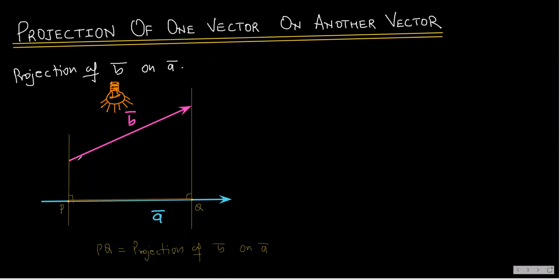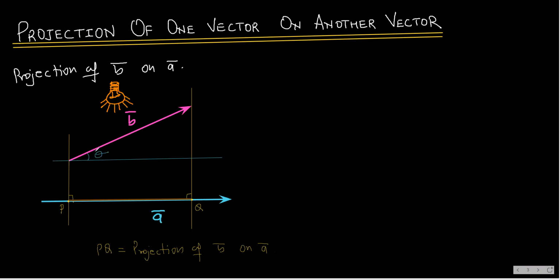Here, what we notice is, if I draw an imaginary line parallel to a bar, then this angle is theta.